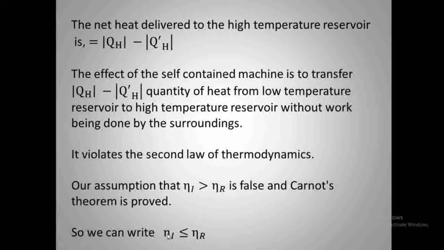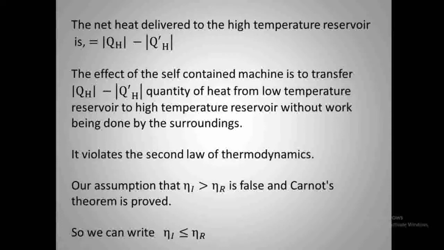So we can write that eta I greater than eta r is false. So we can write either eta I is less than or equal to eta r. There is a possibility of these two. Either this should be equal, only the false thing is eta I greater than eta r. So we can say that eta I is equal to or less than eta r.